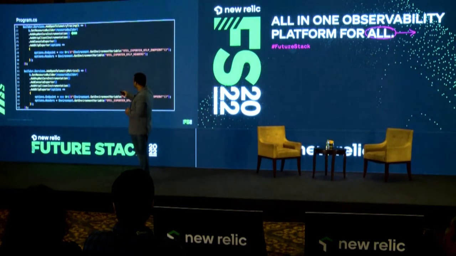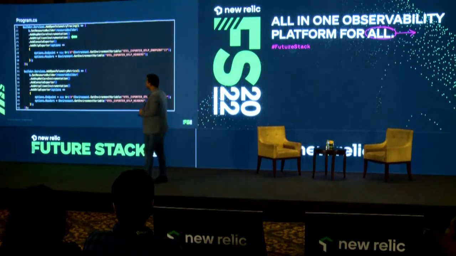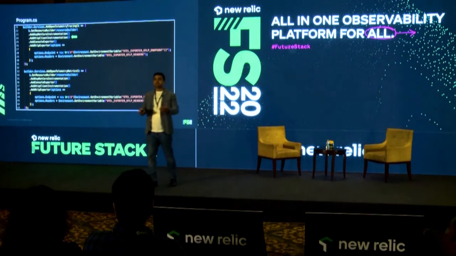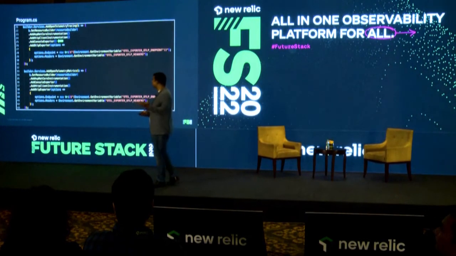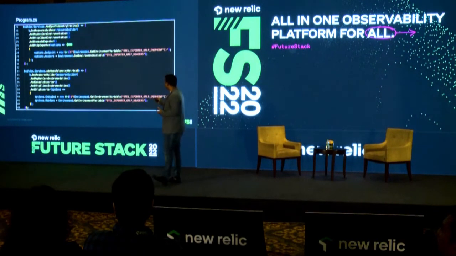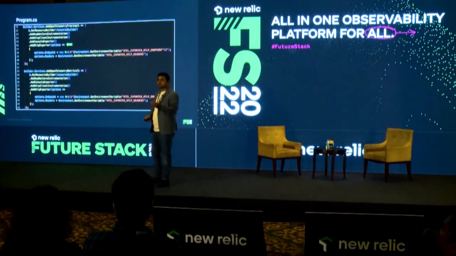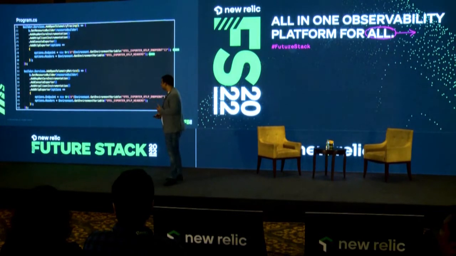Then we are including the HTTP client instrumentation because our minimal API will respond to any HTTP request. The console exporter is just to debug, and the other is the OTLP exporter, where we are telling it where to send that data. This environment variable has to be set before. This can be your New Relic API key as well.